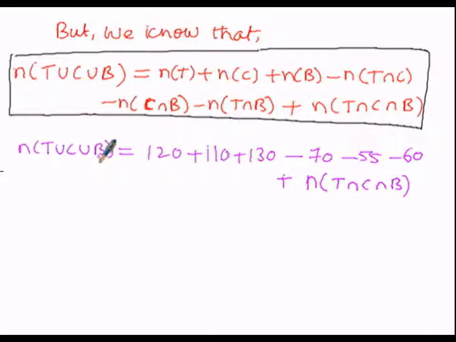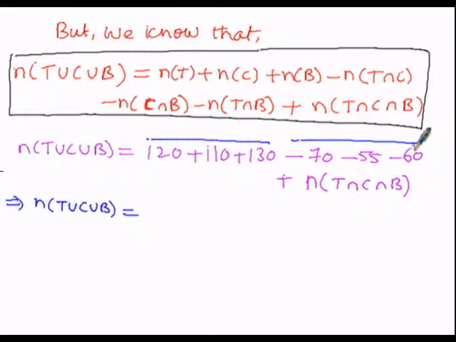There are two unknown quantities in this equation. Then the next logical step: n of T union C union B on the left hand side is equal to, so these three quantities are positives and these three quantities are negatives. We can add them up separately.